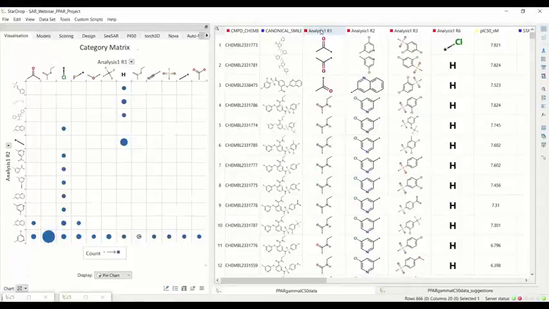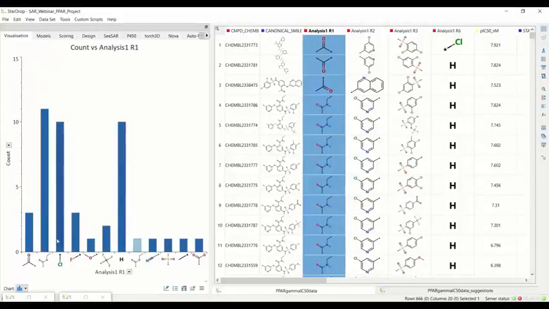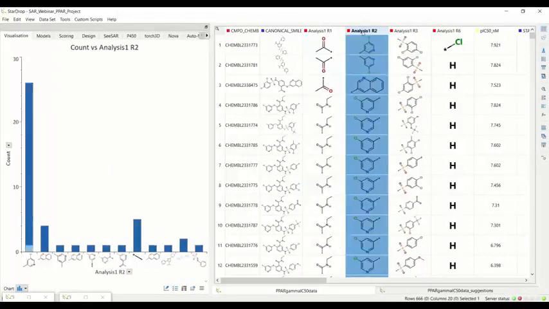If I select a single column, you can see the frequency of each of the R groups in that column. If I choose R2 here, you can see that I've really just looked at the chloropyridine.